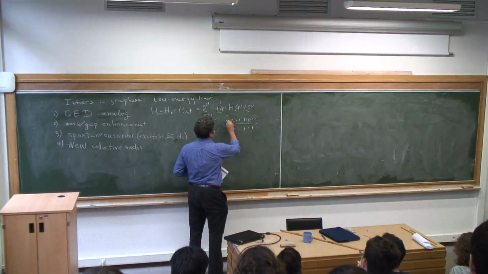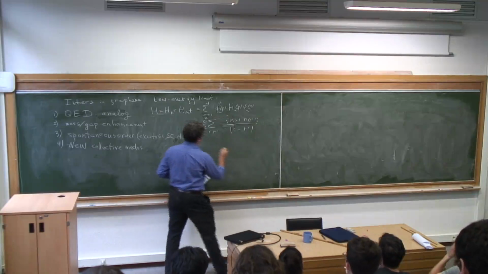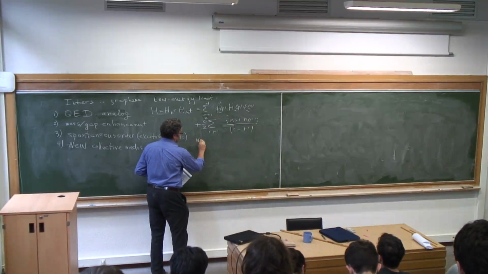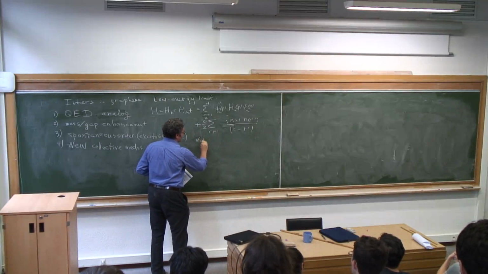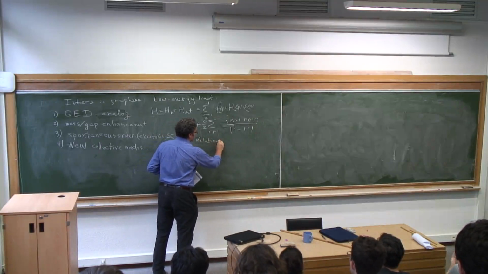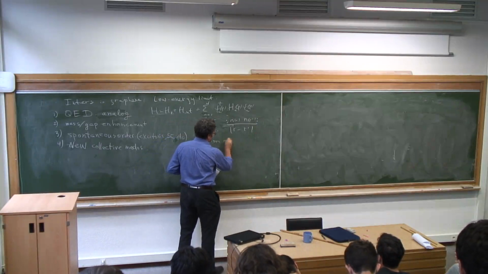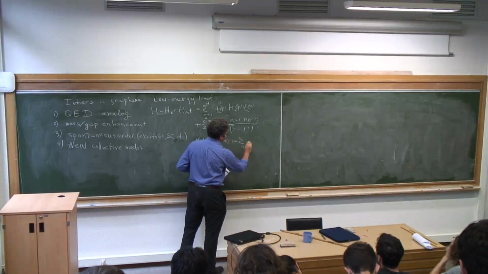And then this should be normal ordered. N of R is the charge density operator.